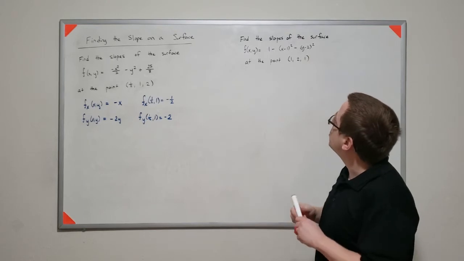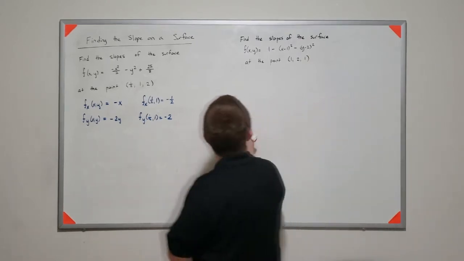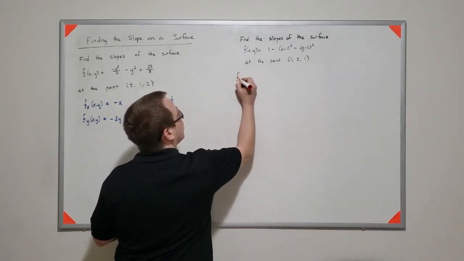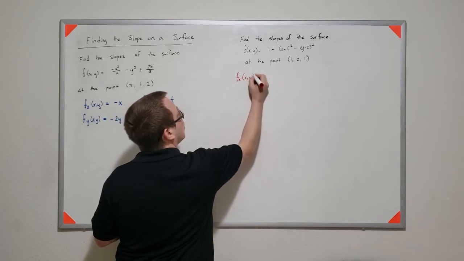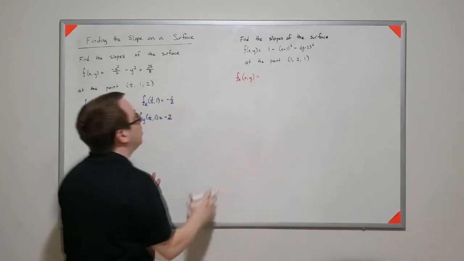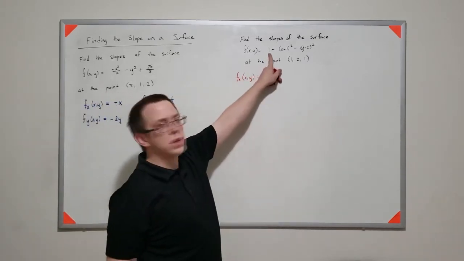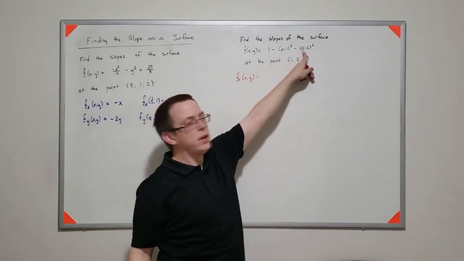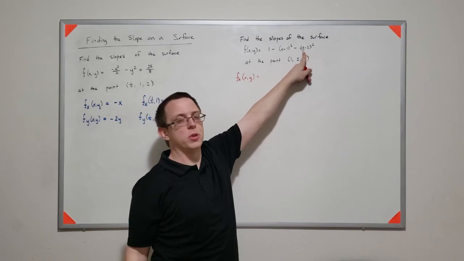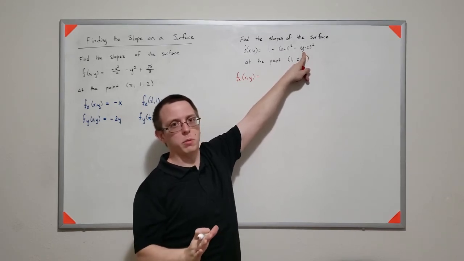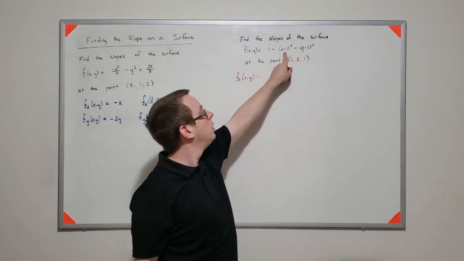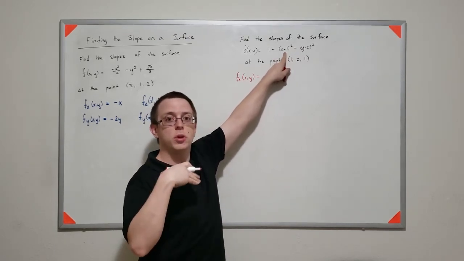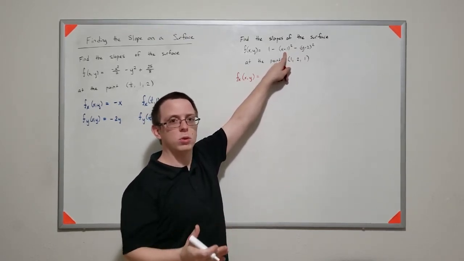So let's find these slopes. Again, that's a constant, so its partial with respect to x is 0. And that only has y's and numbers, so that's a constant for a partial with respect to x. So we have this, so we have to use the power rule and chain rule.